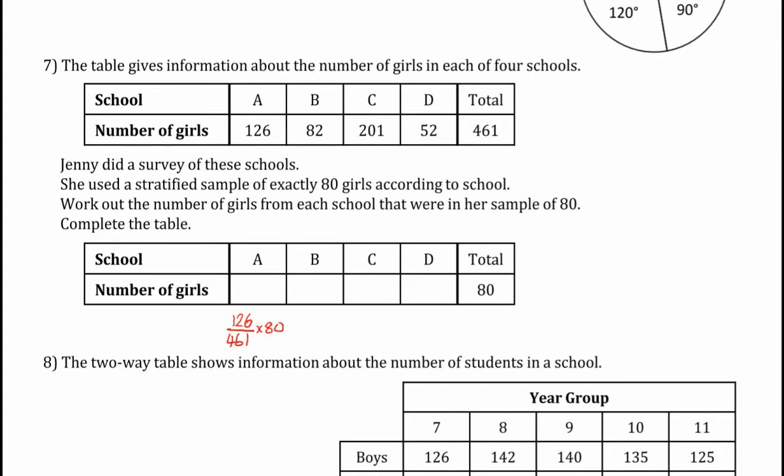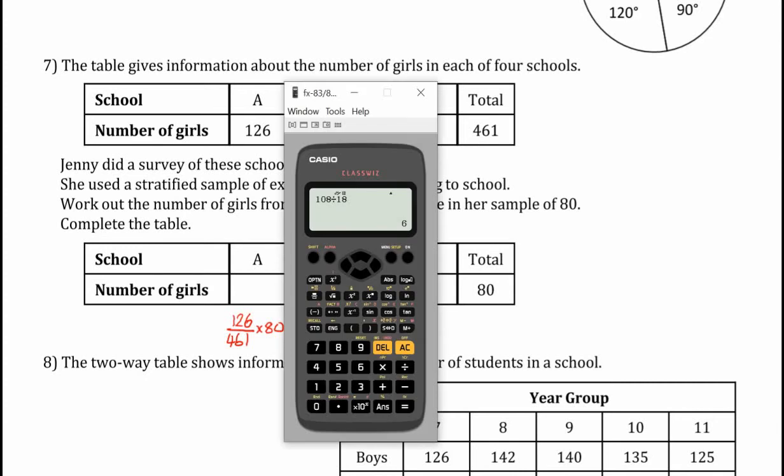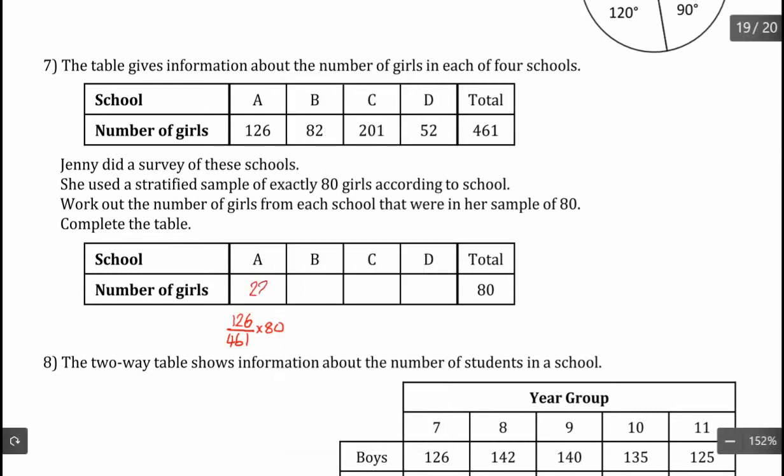And we'll probably have to do some rounding here. This gives us 22 when we round that to the nearest whole number.